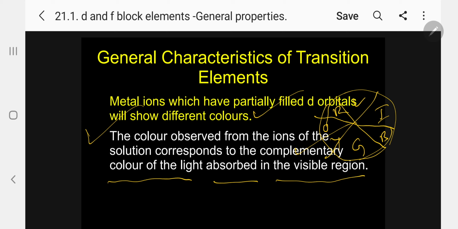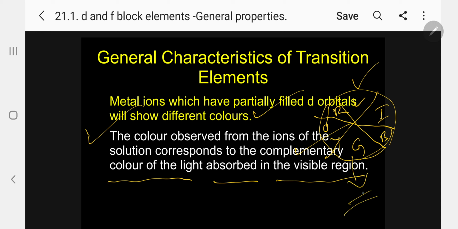Suppose the ion present in the solution absorbs violet color, the region of violet being 400 to 450 or 460 nanometer. If it absorbs that energy, the emission will be green color.